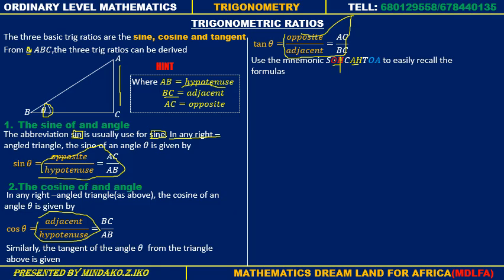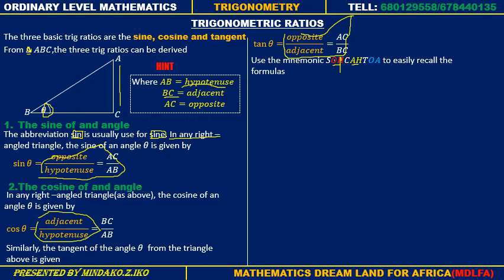So this is the adjacent A and this is the hypotenuse H for CAH. Let me take it over again. This is SOHCAHTOA, right? So this S here stands for sine, C stands for cos, and T stands for tan.